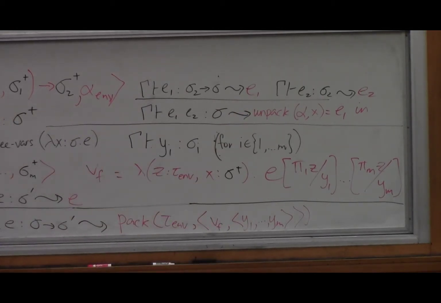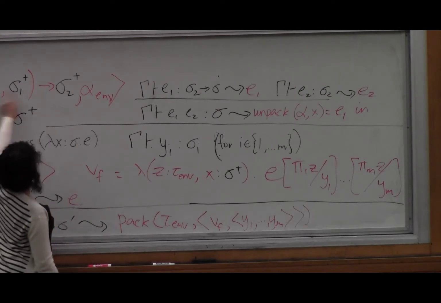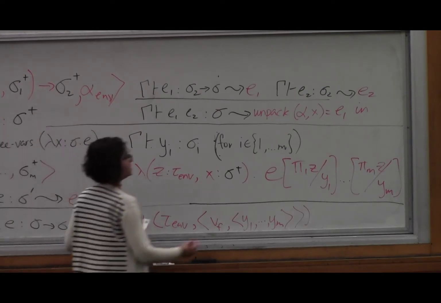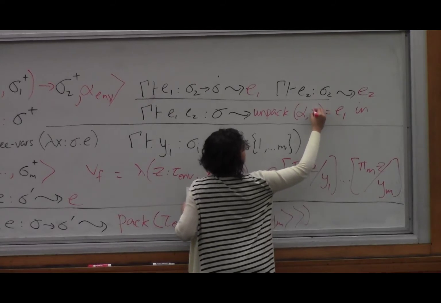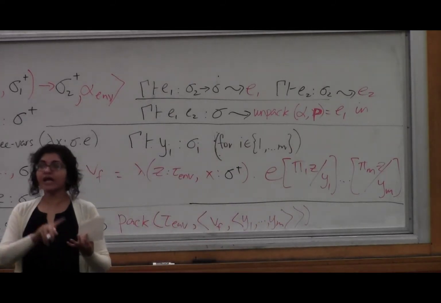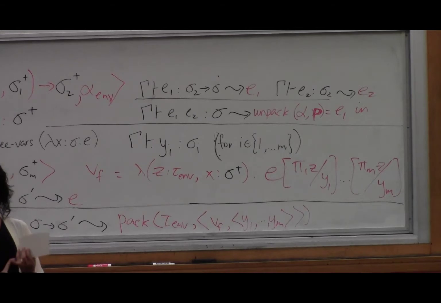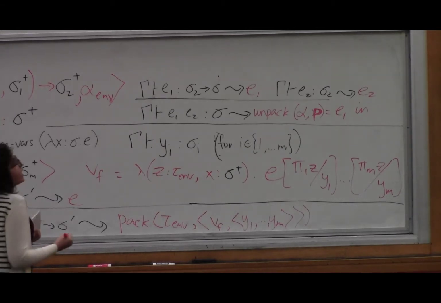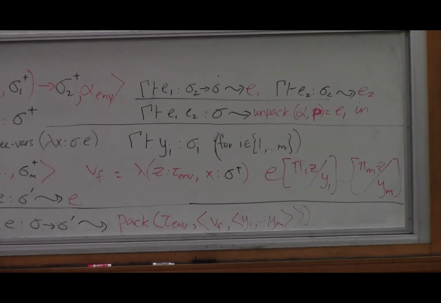So our alpha is going to get bound to the tau for the environment, and our x is going to get bound to a pair. Actually, let's write it as P so we remind ourselves that it is a pair of code and environment. Since it's a pair, I'm going to have to project out of it to get my function. If I do a pi1 projection, I get the code part. If I do a pi2 projection, I get the environment.